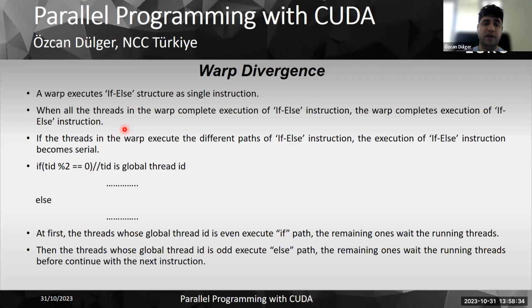But the warp completes the execution of the if-else instructions only when all the threads in the warp complete them, because the threads in the warp are physically related to each other. Sorry.